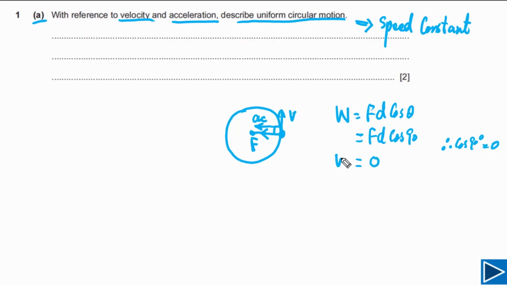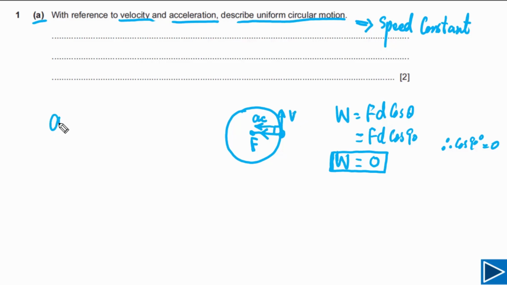If no work is done by the force on this body, there will be no change in kinetic energy of the object. As there is no work done, there is no change in kinetic energy. That's the reason speed stays constant, and that is only possible if velocity and acceleration are perpendicular to each other. This net acceleration and this velocity are perpendicular to each other.